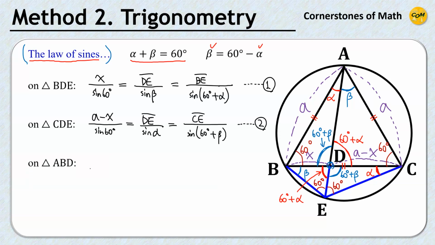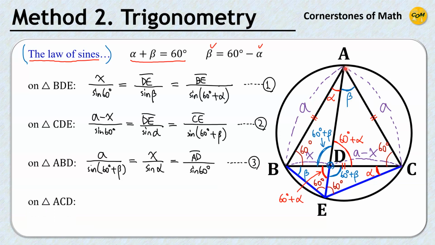But we have more triangles. We can also apply the law of sines on triangle ABD. Then we have A, length of AB, divided by sine of 60 degrees plus beta equals x, length BD, divided by sine alpha equals length AD over sine 60 degrees.